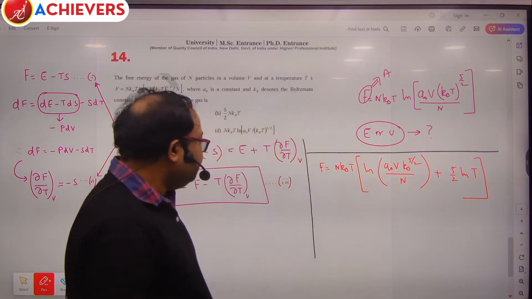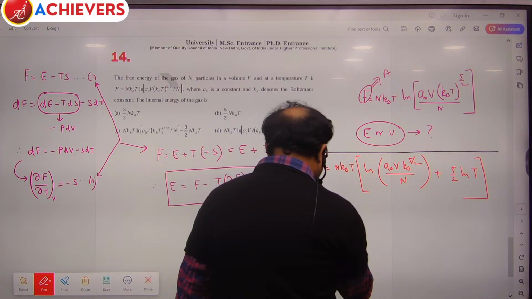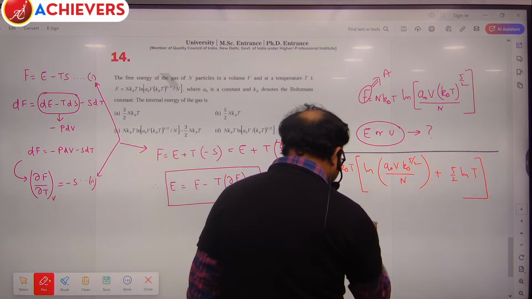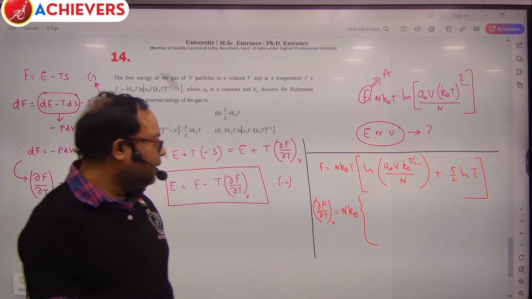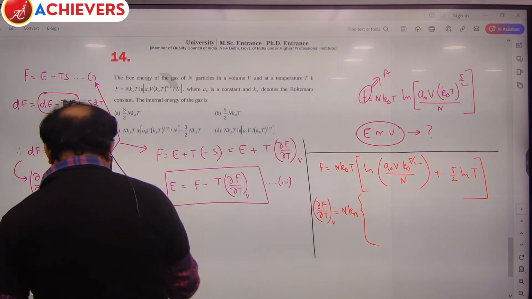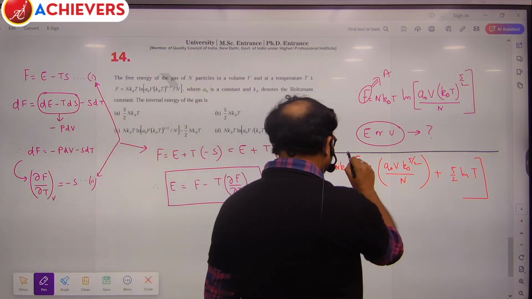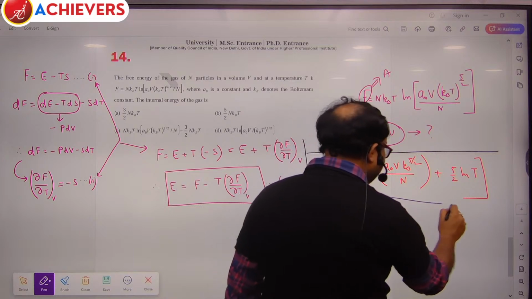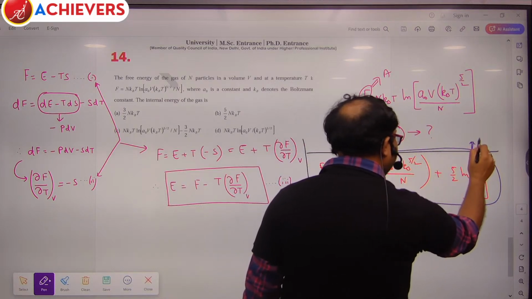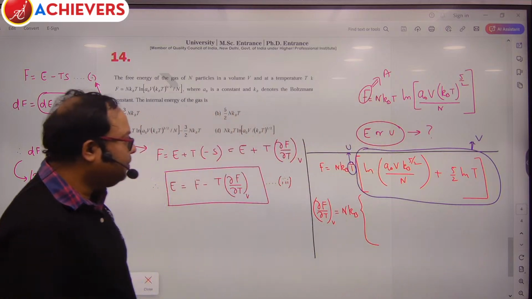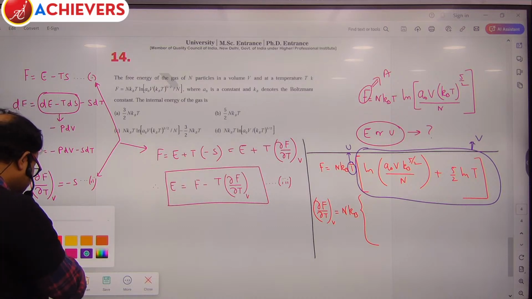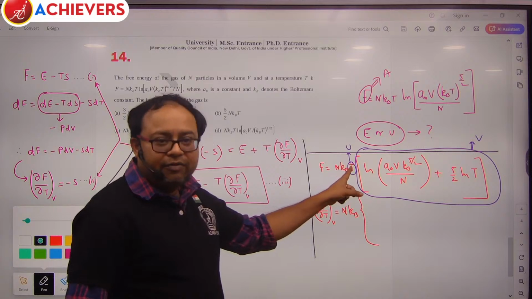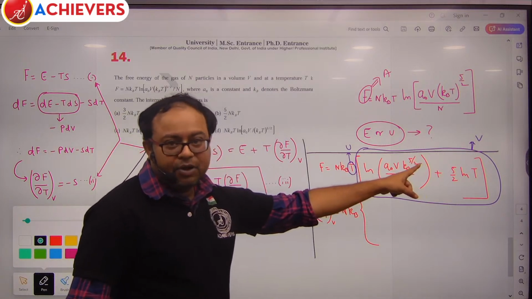Now del F del T at constant V. What is this? N kB is a constant, so N kB is pulled out of the differentiation, and we'll be applying the UV method. So this is U and this entire term is V. When we differentiate U, V will be kept constant.